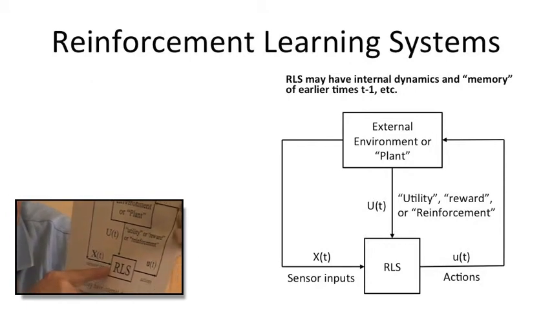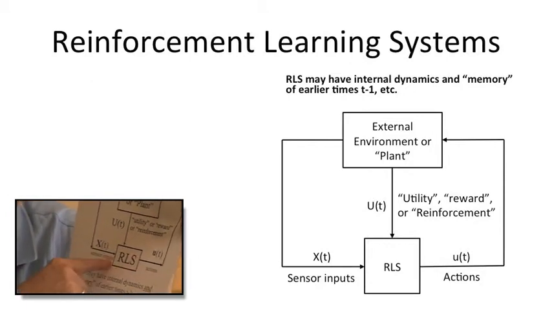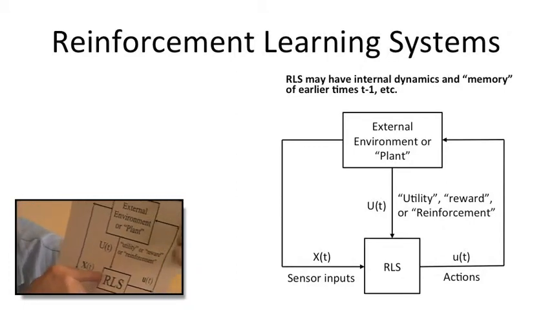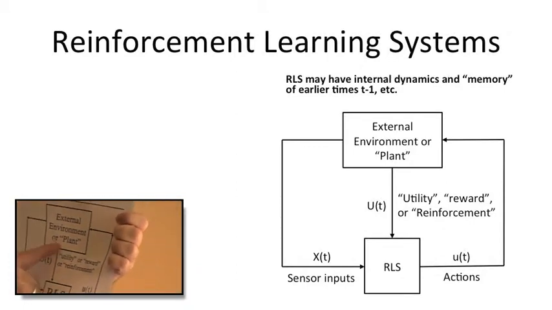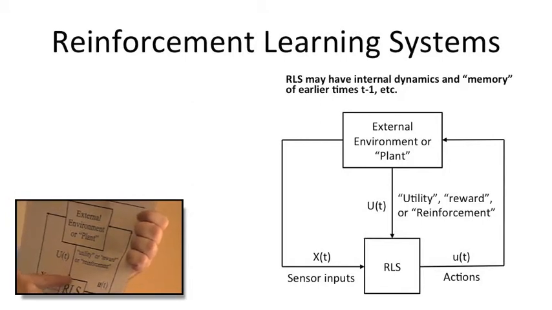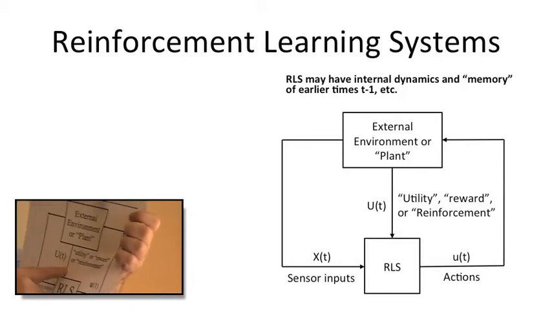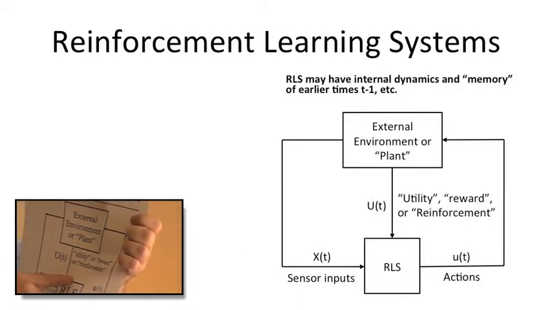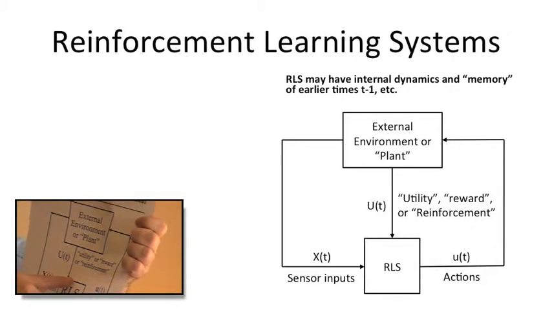We have sensor inputs. The reinforcement learning system has to decide on its actions at each time t, and at each time t it gets a reinforcement signal. In psychology, people call this a reward signal. But I need to warn you, the literature on ADP and reinforcement learning is very complicated.